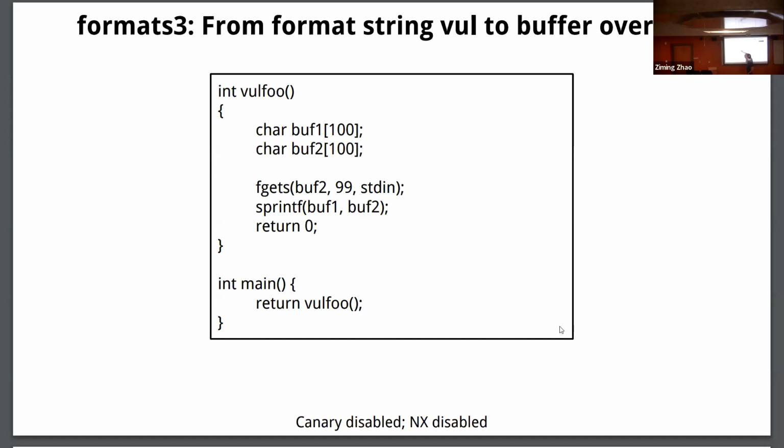So this format string vulnerability actually gives us a tool to buffer overflow buffer 1. And because of that, we will be able to overwrite the return address or the saved EBP or whatever. Right? So that's the idea of how we hack this one.